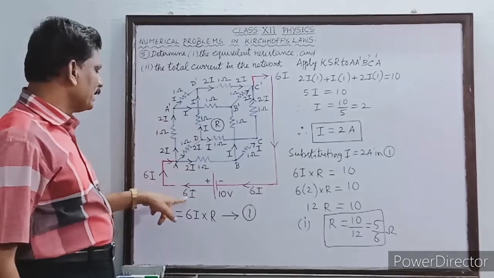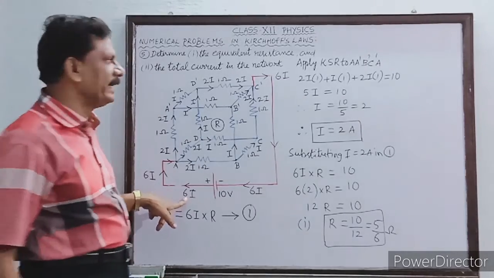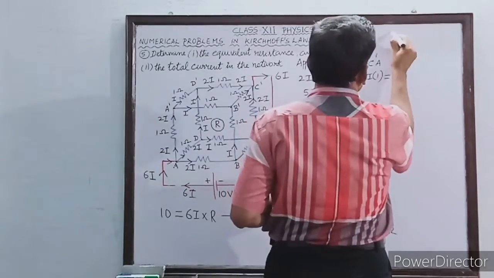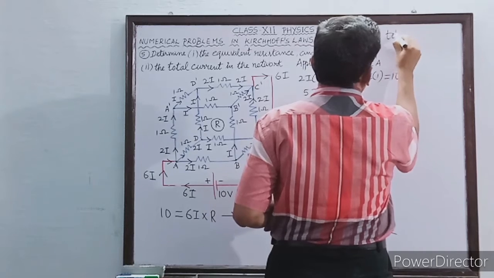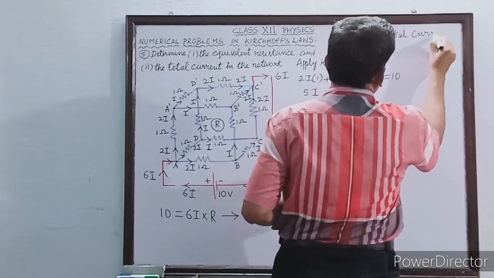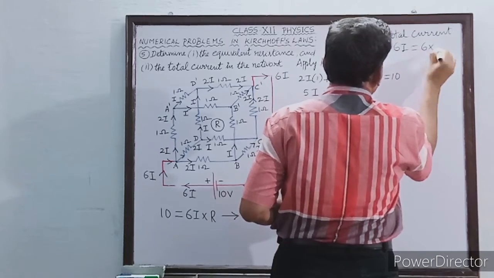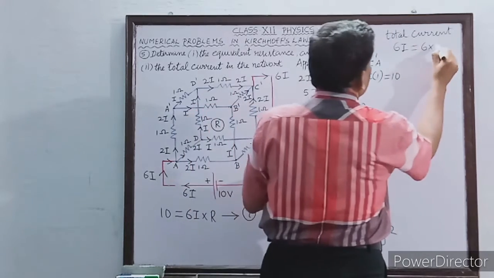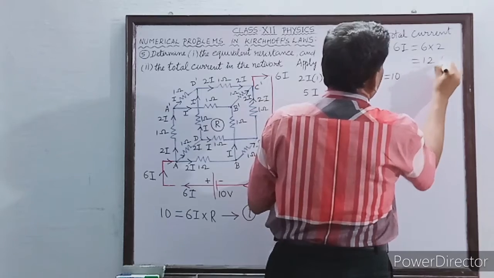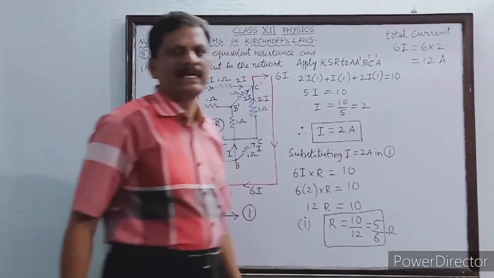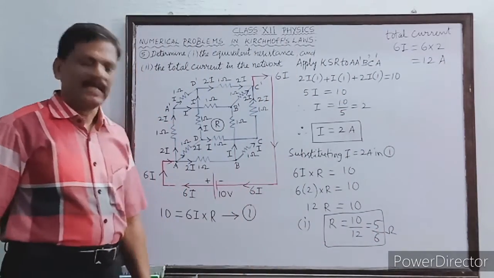The net current flowing in the entire circuit is 6I ampere, that is 6 times 2, which is equal to 12 ampere. 12 ampere is the current flowing through the circuit.